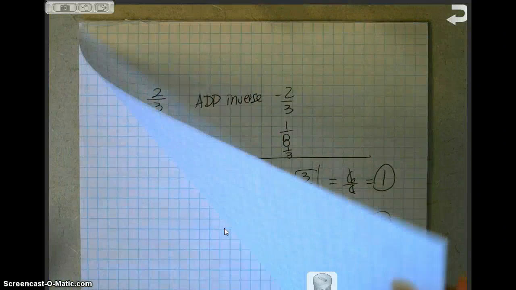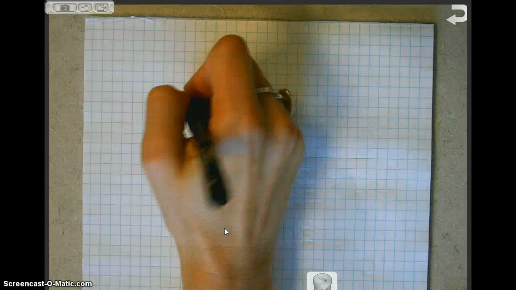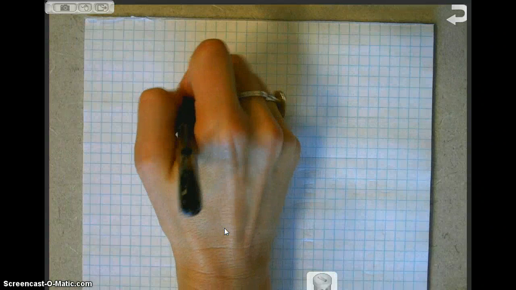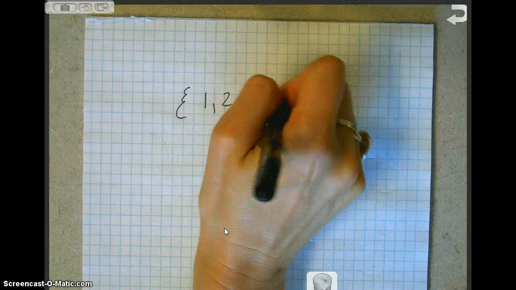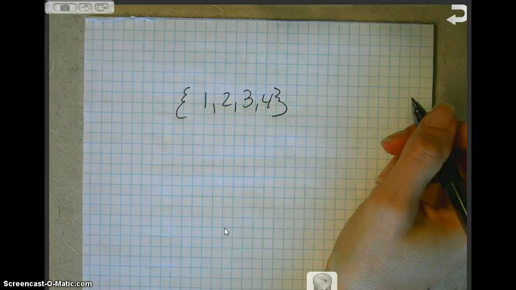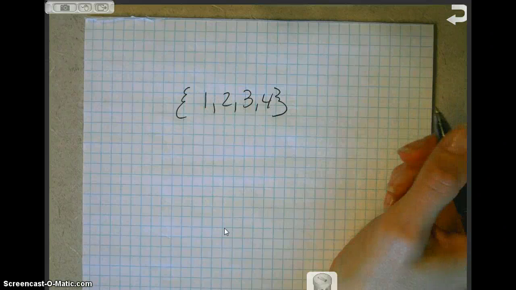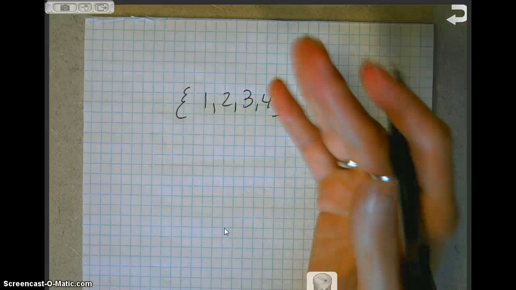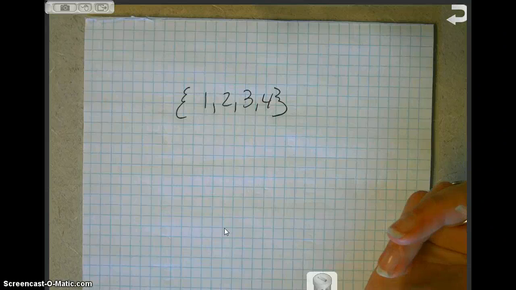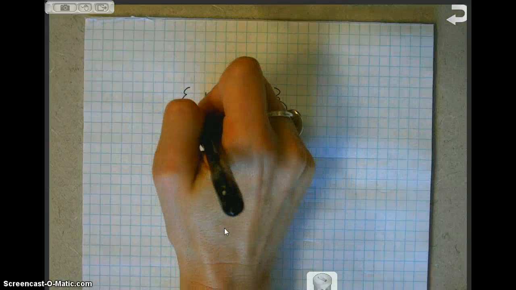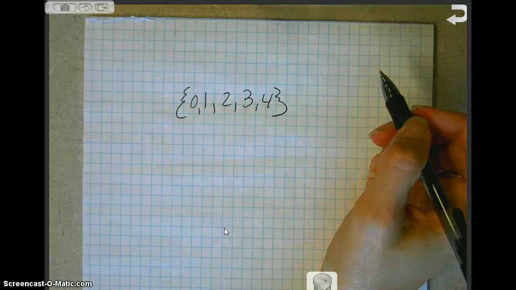So I'll get a fresh sheet of paper. Well, let's pretend that we're talking about a group of numbers, okay? So say that I've got the numbers 1, 2, 3, and 4, and that's my number set, okay? And I'm going to ask, is this number set closed for addition, okay?